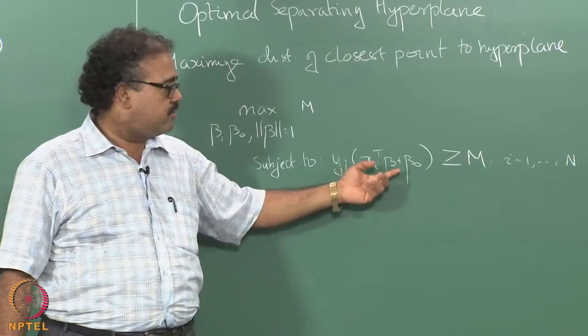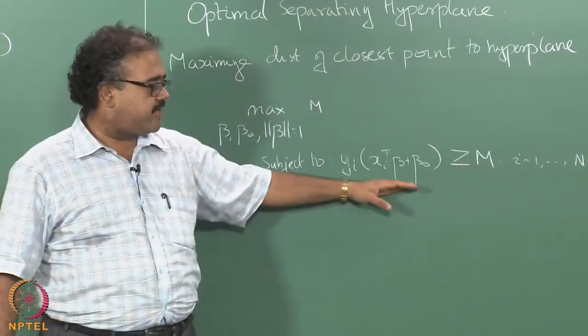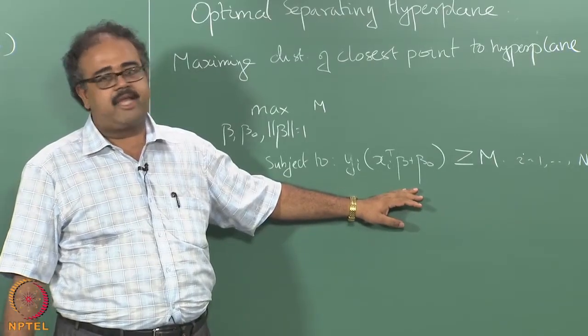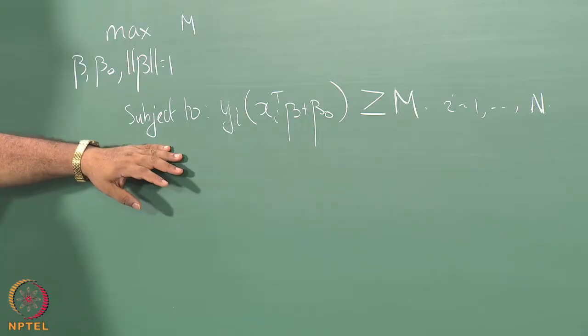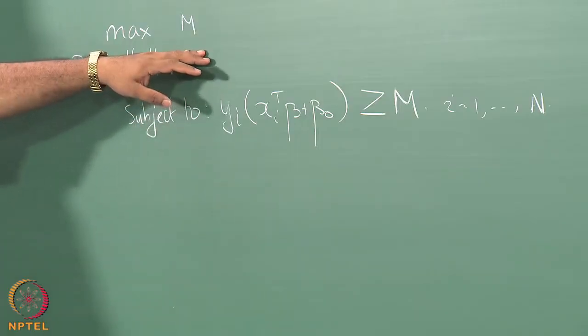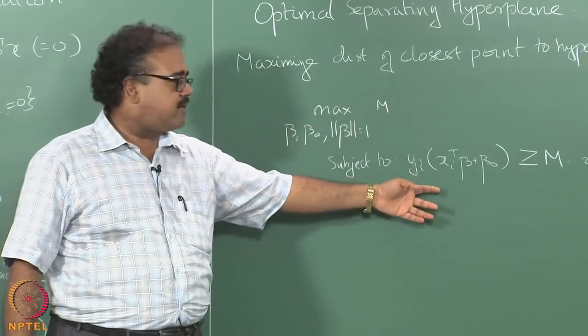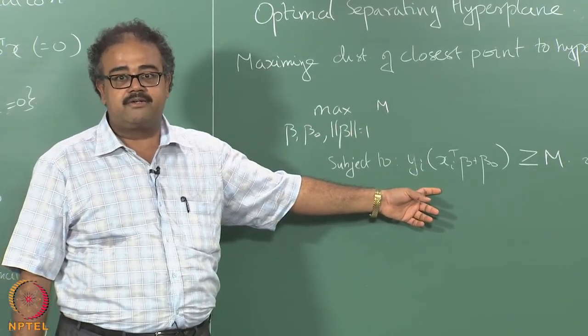I go through all my training data points 1 to n, and every data point should be at least a distance m away from the hyperplane, and under that condition maximize m. I can't make m arbitrarily large because I might not be able to find a beta which will satisfy it for every data point.